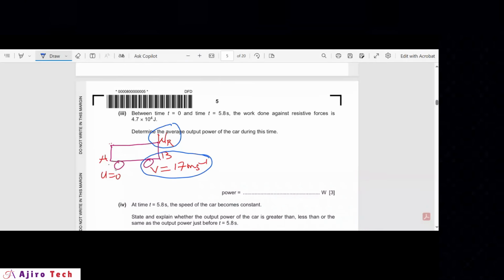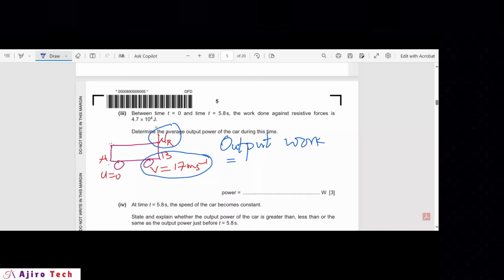So my output is going to be output work. That will be equal to work done by resistive force plus work done due to kinetic energy.